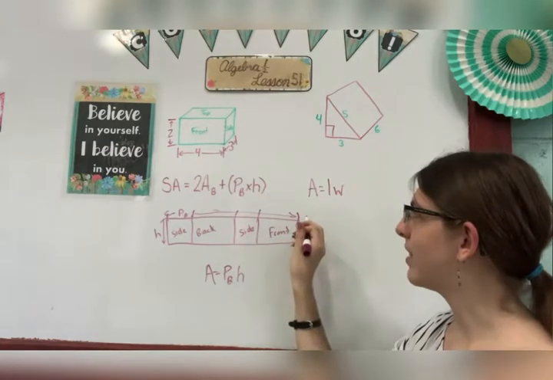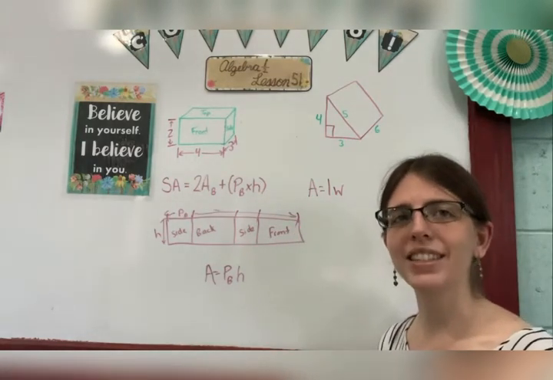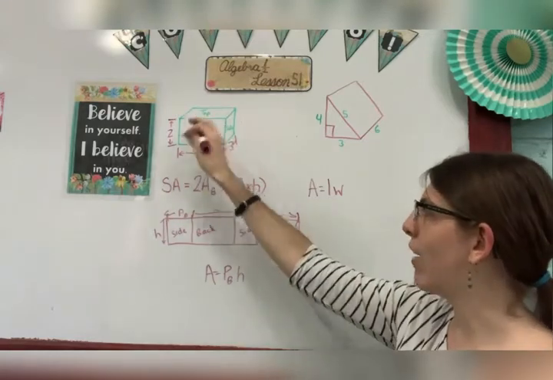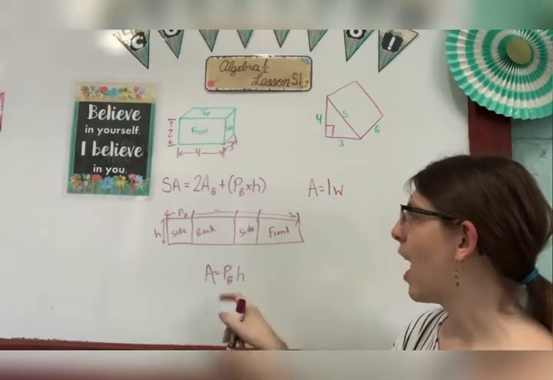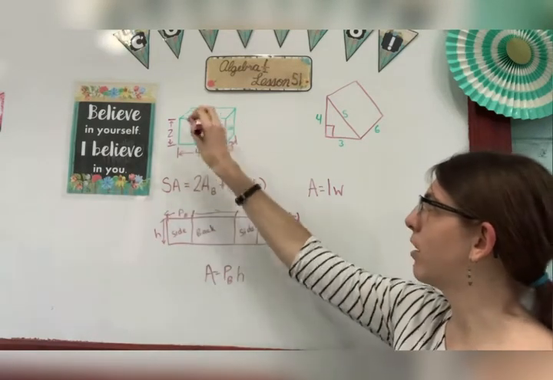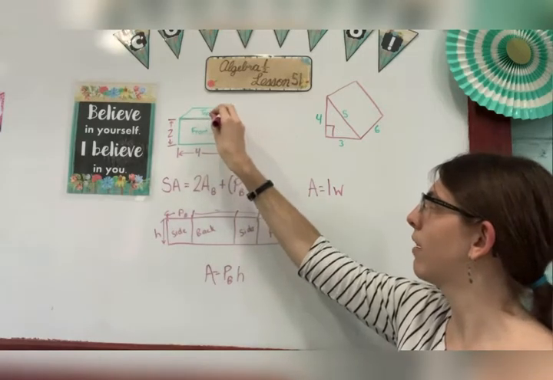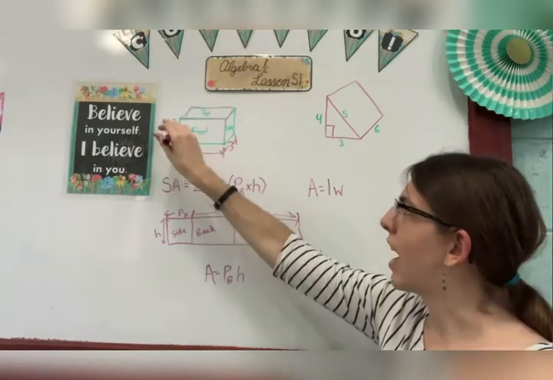So that makes it easy. I can find the area all in one step. I can find the area around the shape in one step by just doing the perimeter of the base, this perimeter, times the height.